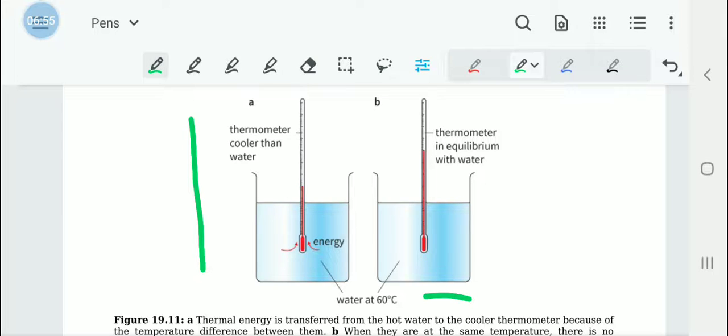Then in the second one, the thermometer is in equilibrium with the water, meaning the thermometer is also at 60 degrees Celsius. So as a result, there is no net movement of heat energy, and there is no change in the volume of the red liquid inside the thermometer. So that is something that you must understand.